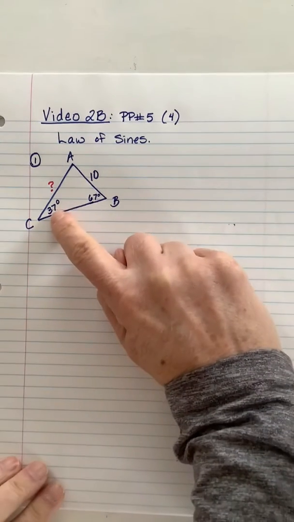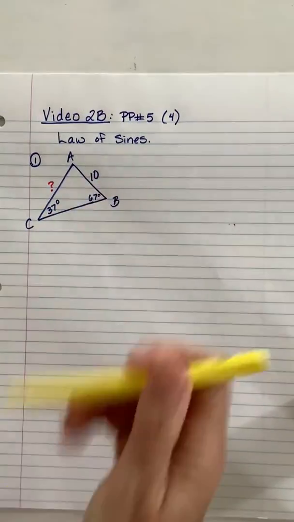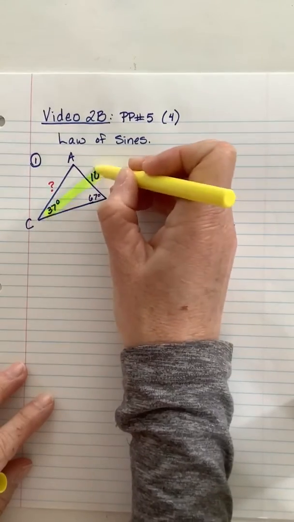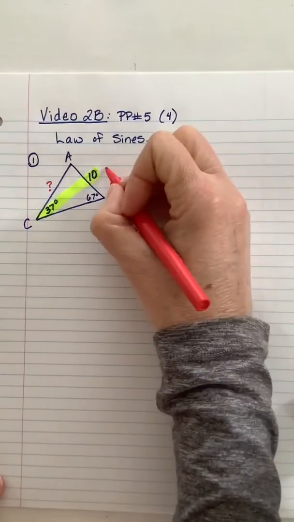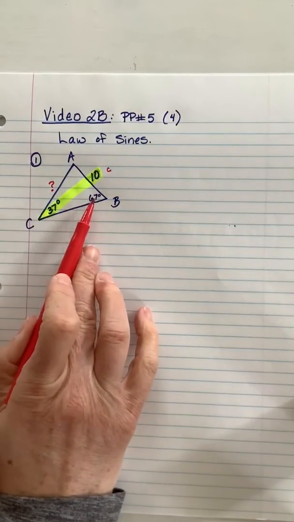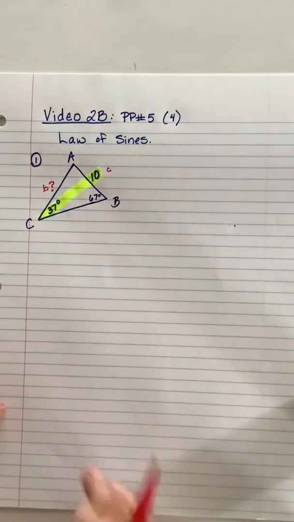So what I can tell is here's my corresponding complete pair: I've got angle C and I also have little c. And here's my incomplete pair, because I've been given angle B, but I am missing little b.